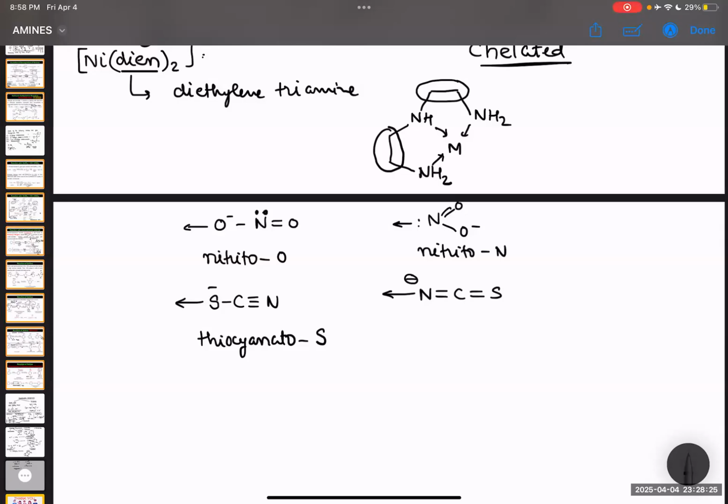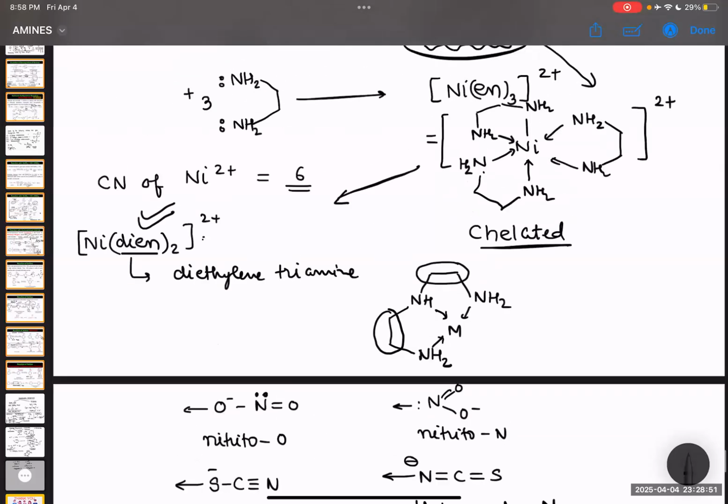Thiocyanato S. Thiocyanato N. Got it? So nowadays, as per the convention, you write just one name and you write the name of the donor atom in capital.